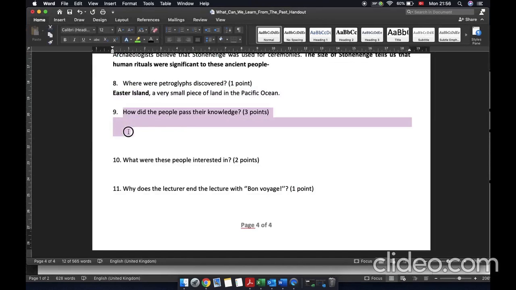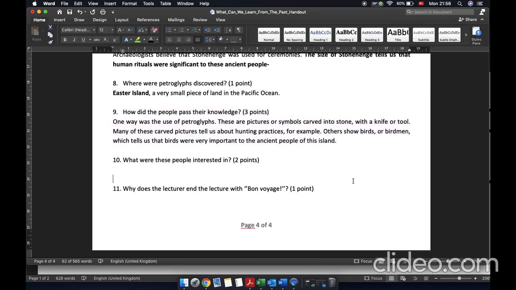So, yes, petroglyphs tell us. So, petroglyphs were the way that people used to pass their knowledge, and they were pictures and symbols carved into stone, and so they were about hunting practices, for example.